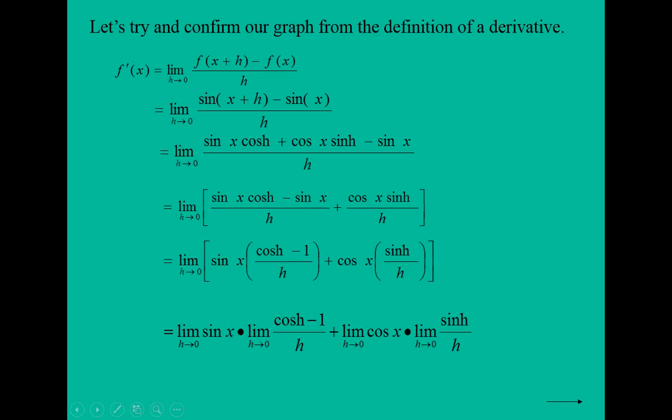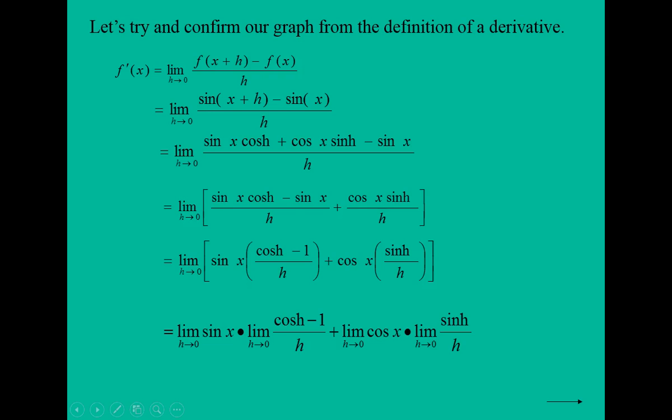If we took the limit, we know properties of limits, we can take the limit of each one of these independently. We could use direct substitution for a couple of these, but for one of them we may have to do a little exploration.